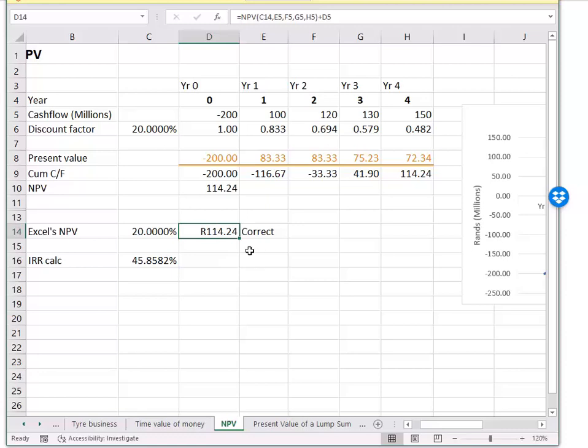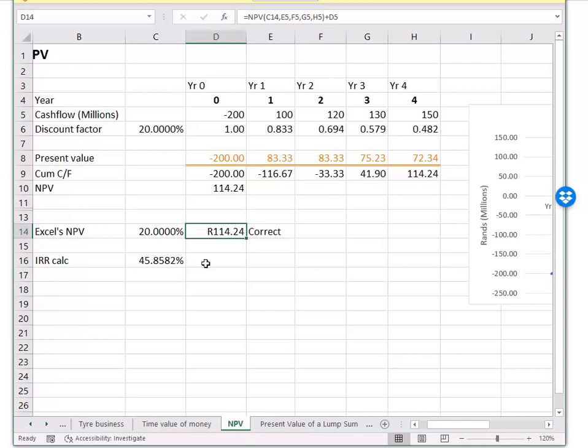I should get the same answer. Now what I could do is I could say I want to find out what must this discount rate be at the point at which this NPV is 0.